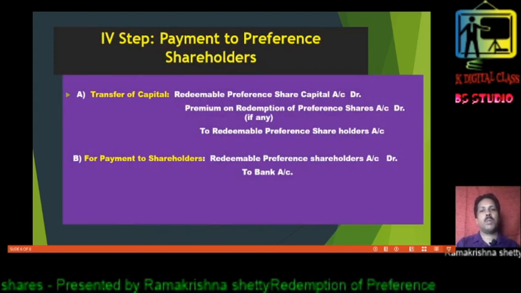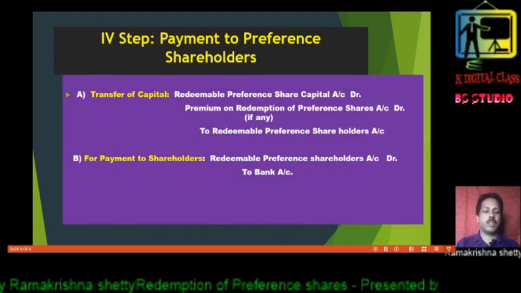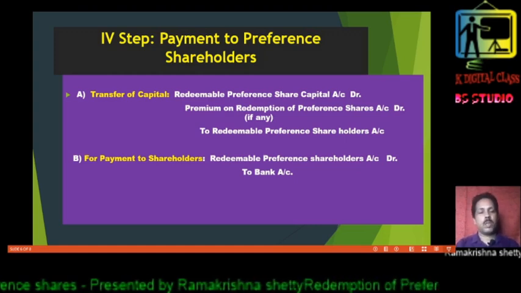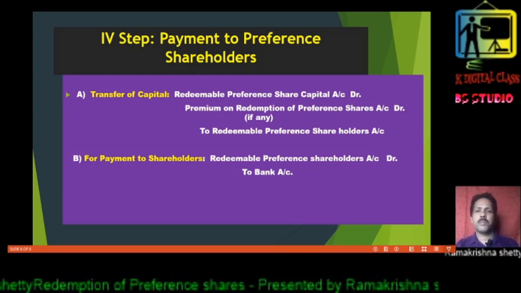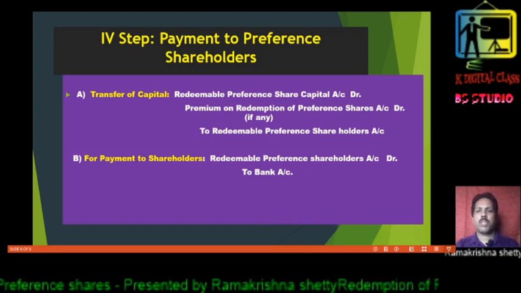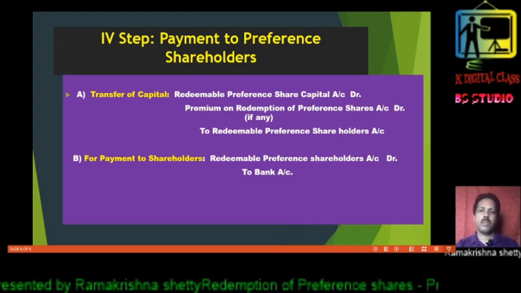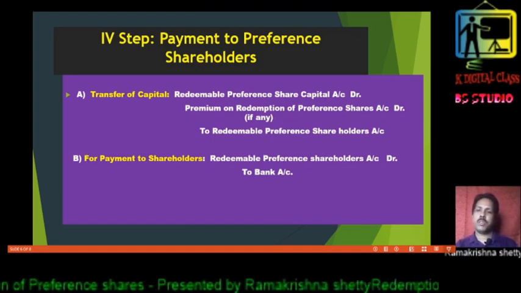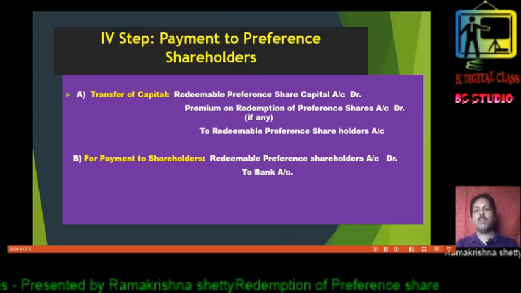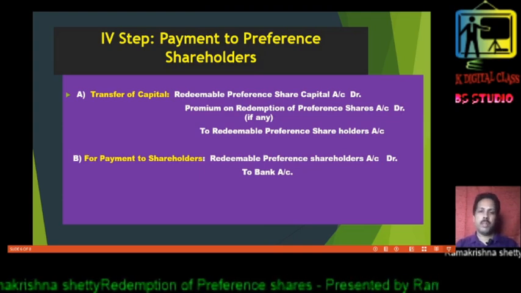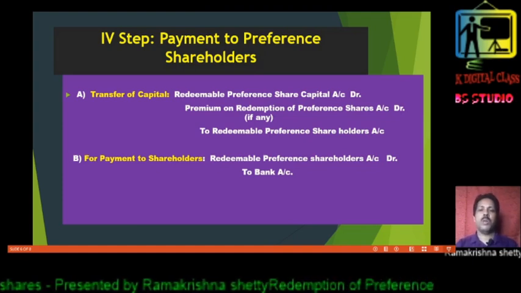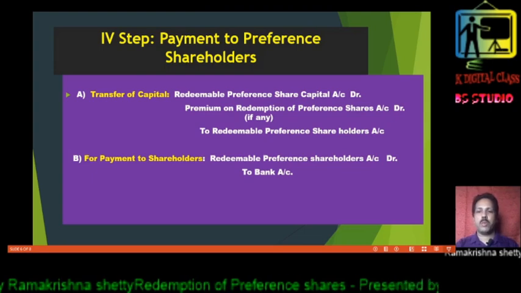Fourth step, payment to preference shareholders. That is the important task in case of redemption of preference shares. There are two sets of entries. First, transfer of capital. The preference capital, and in case of any premium on redemption, that also has to be transferred to redeemable preference shareholders account. The entry: redeemable preference share capital account debit, premium on redemption of preference shares account debit, to redeemable preference shareholders account.